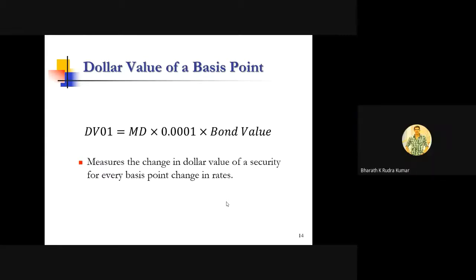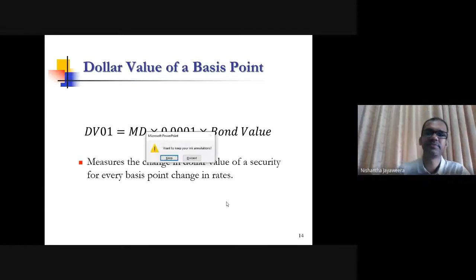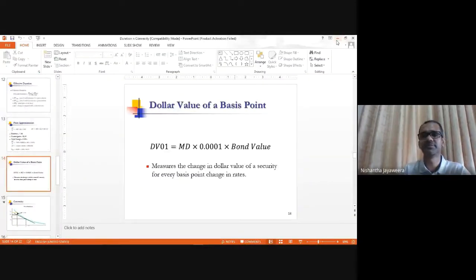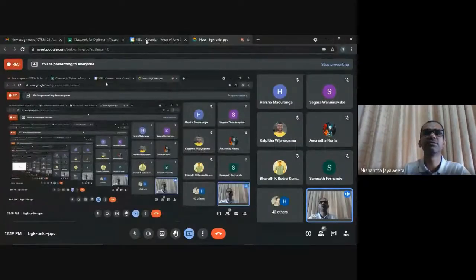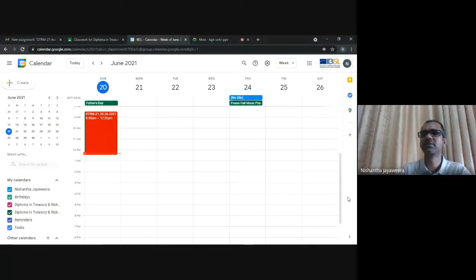So where do we have to upload? We can't see the option there. No, there should be one in the assignment when you go to the classroom. In that there should be a link to upload.